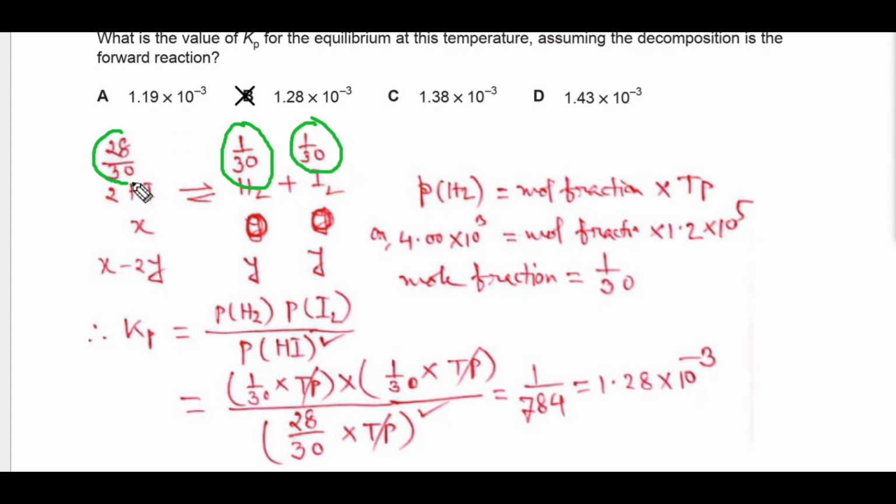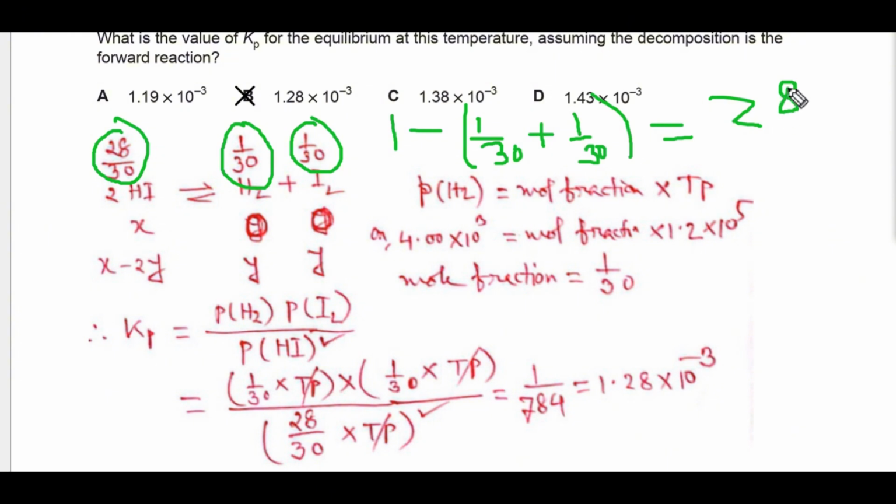The mole fraction of hydrogen iodide will be, with total mole fraction 1, 1 minus 1 by 30 plus 1 by 30. So you will get 28 by 30 as the mole fraction of hydrogen iodide. Now, once you have the mole fractions, the Kp expression is Kp equals partial pressure of products divided by partial pressure of reactant.